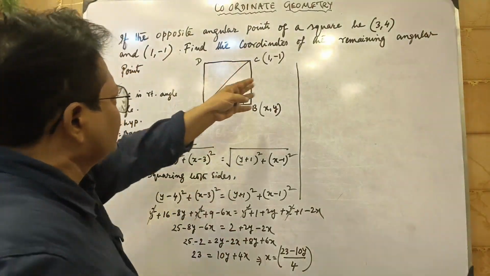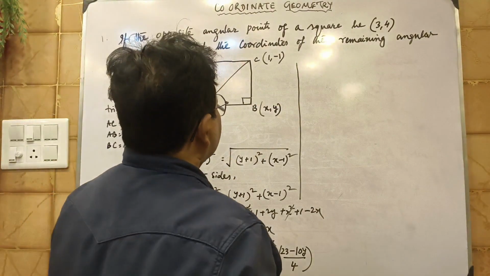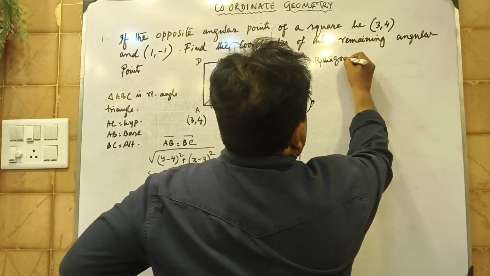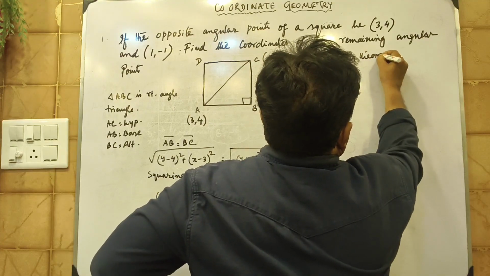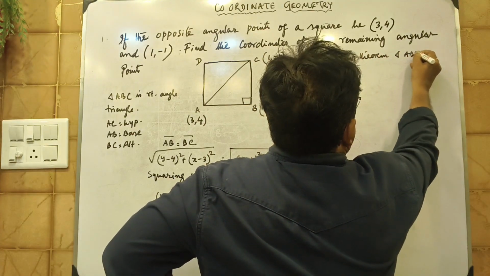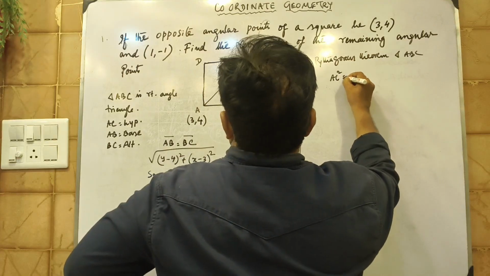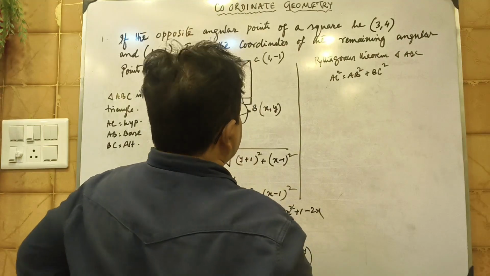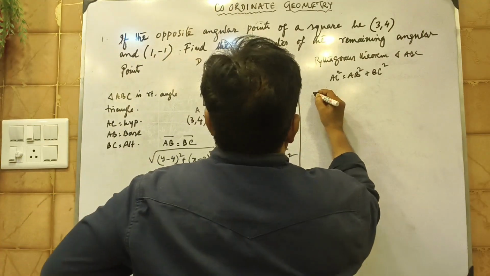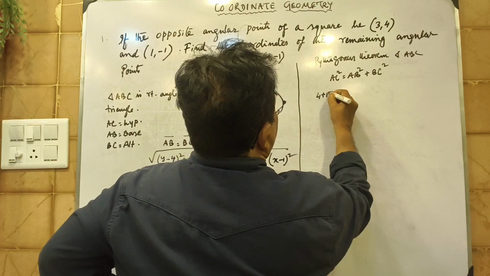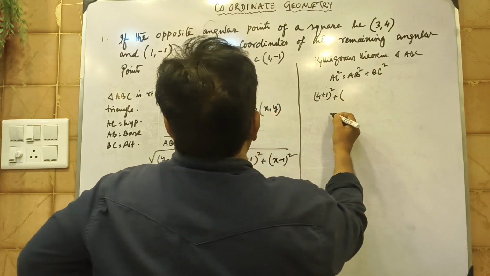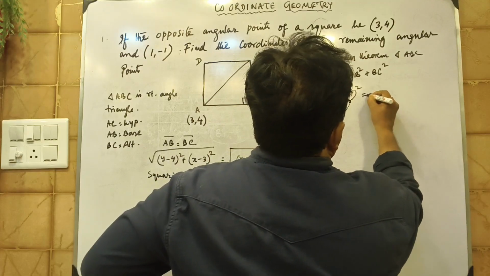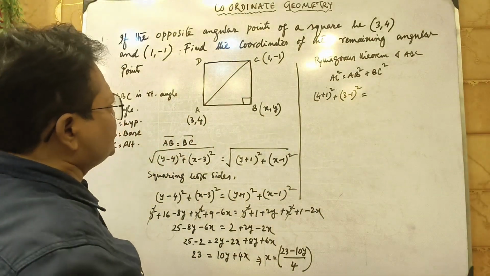Now in this right angle triangle we can use Pythagoras theorem. In triangle ABC we get AC square equal to AB square plus BC square. AC square means 4 plus 1 whole square plus 3 minus 1 whole square equal to AB square plus BC square.